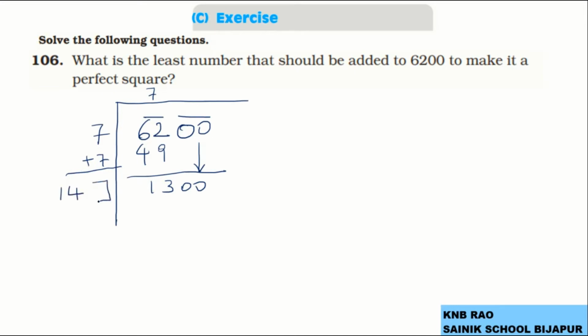Now we have to identify another digit. If I take any one digit from 0 to 9 and place the same digit beside 14, it gives 140 to 149, any one number. So this is to be multiplied with the same digit.